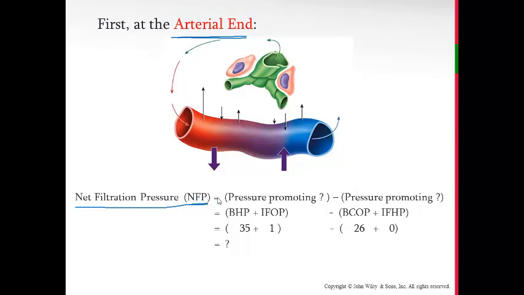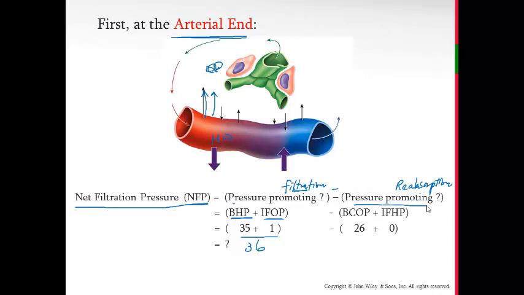It equals the pressure promoting filtration minus the pressure promoting reabsorption. Those that promote filtration are the water in the blood pushing things out, and the protein between your cells. Together it's 36 millimeters of mercury.